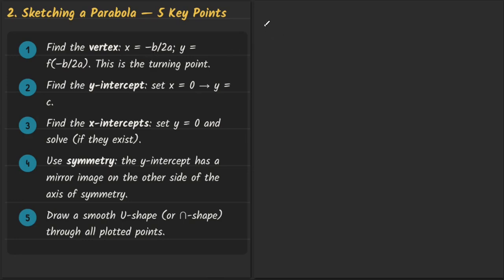So if you have y equals, let's say, ax squared plus bx plus c, then if you want our vertex, you take note of your a, you take note also of your b, and then you just say your vertex occurs at x equals negative b over what?